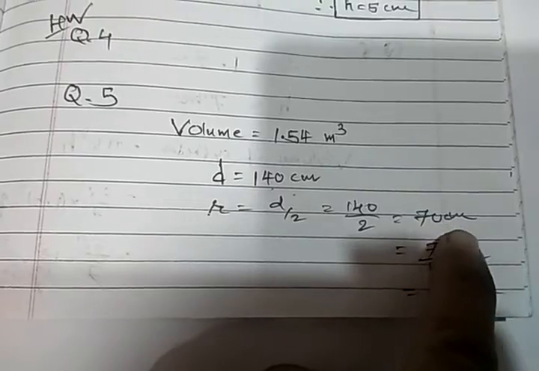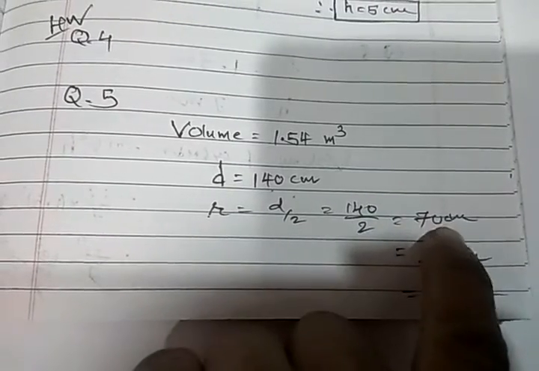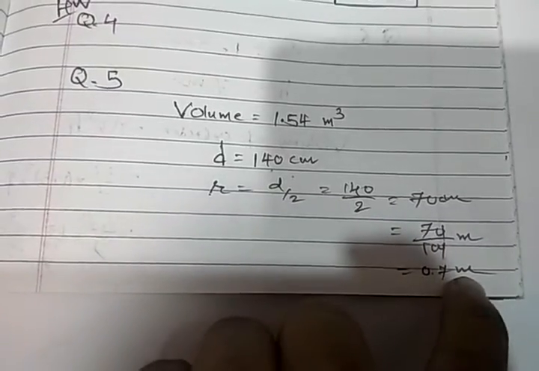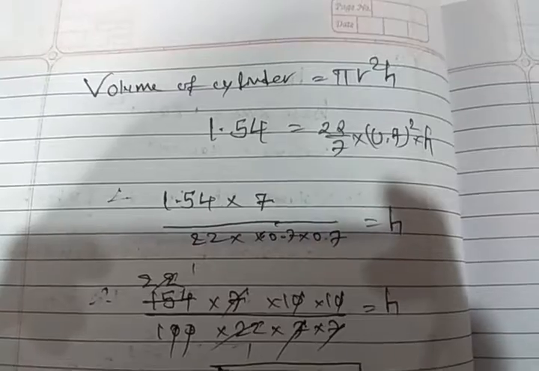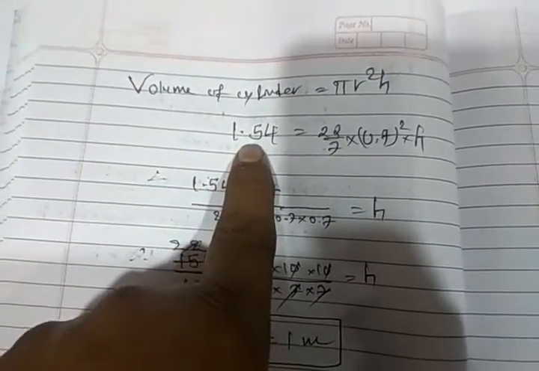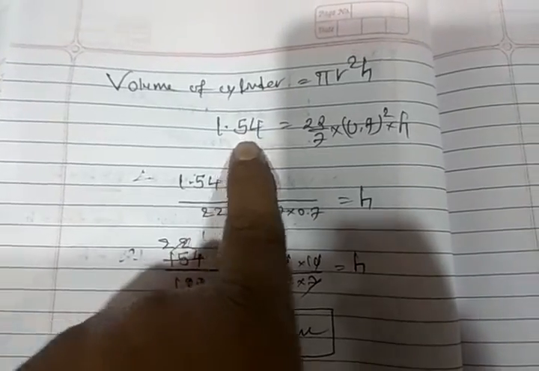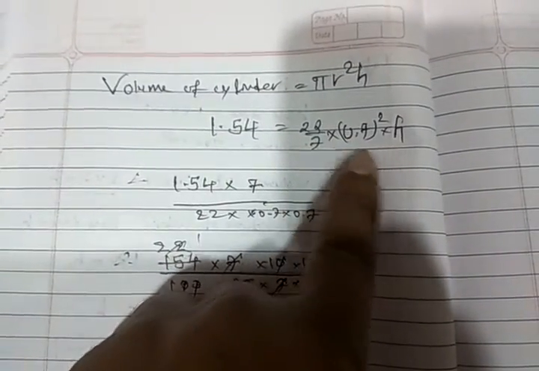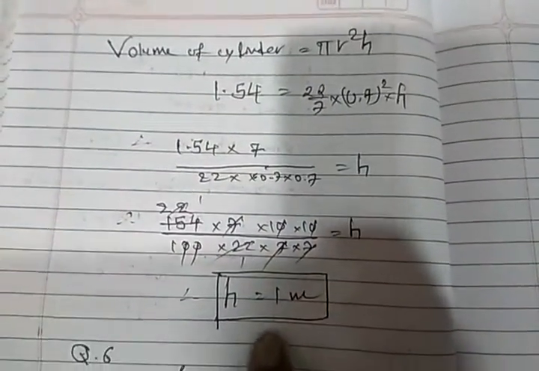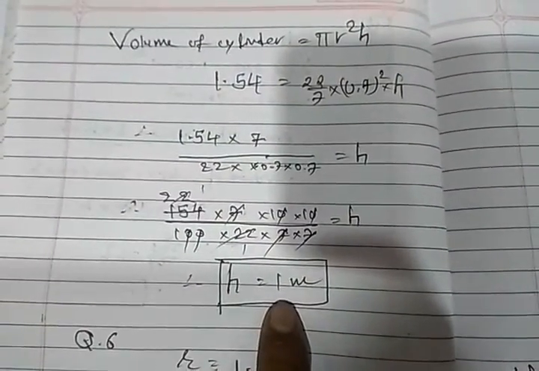So the radius becomes 0.7 meter. Volume of cylinder is equal to pi r squared h. Volume 1.54 is given. Put all the values, 0.7 radius. When you simplify, you will get height is equal to 1 meter.